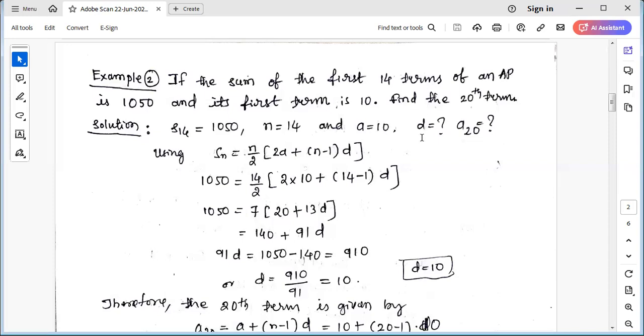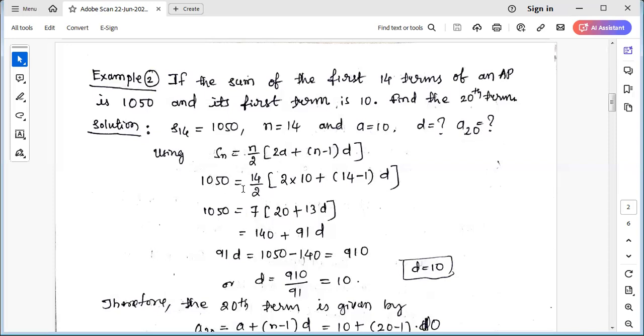He has not given the common difference d, and we also have to determine the 20th term. So by making use of this sum equation, Sn is equal to n by 2 into 2a plus n minus 1 into d.